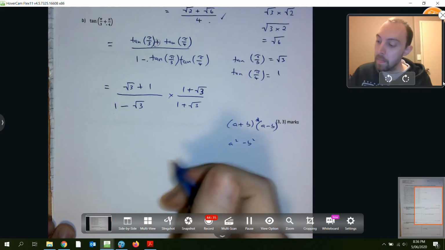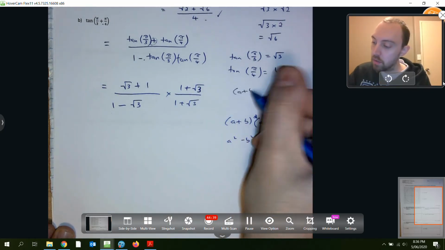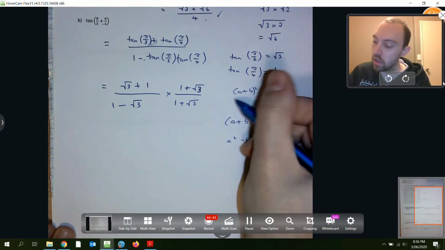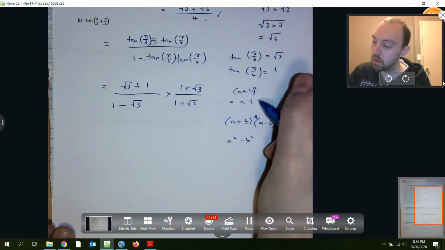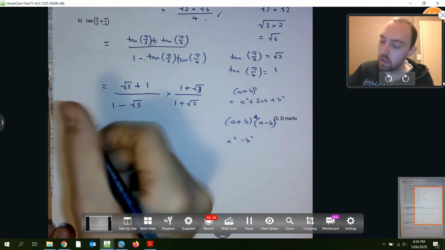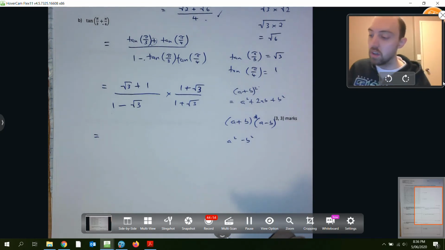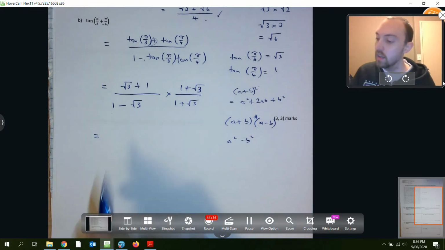Anyways, and the top part works like our perfect square. A plus b squared is equal to a squared plus 2ab plus b squared. So this quadratic stuff, surprisingly, is coming up in your trigonometry stuff a little bit down the track.